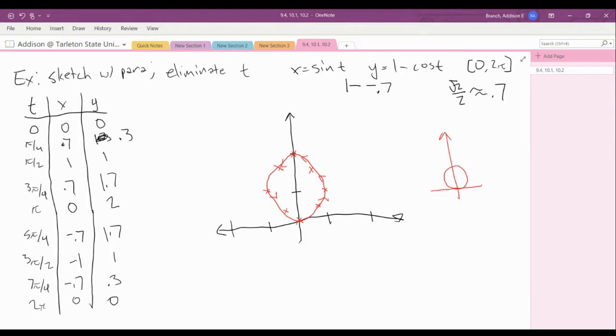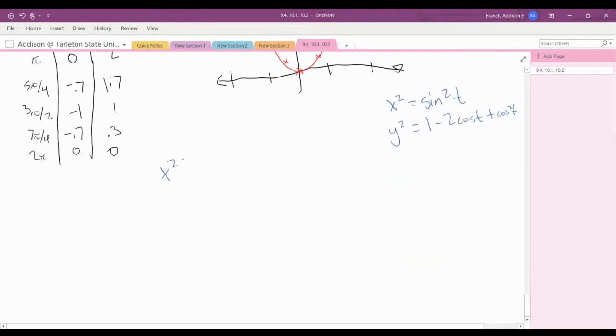So now let's go ahead and try to eliminate t. This one's a little different, so we can't necessarily just plug stuff in. But we can use some patterns. We see we have a sine and a cosine, so let's try to square these. So x squared is equal to sine squared of t, and y squared is equal to 1 minus 2 cosine of t plus cosine squared of t.